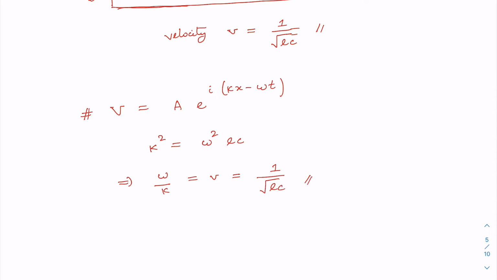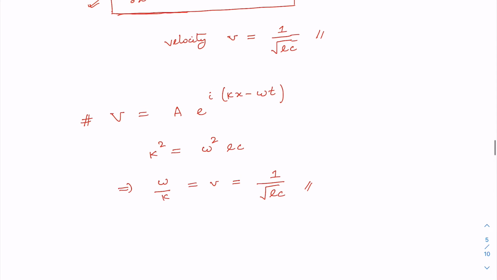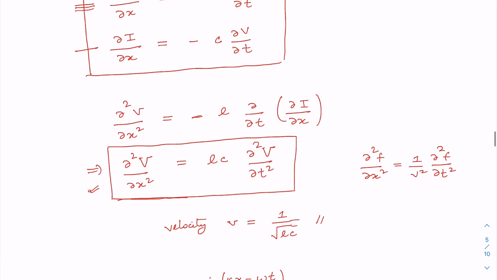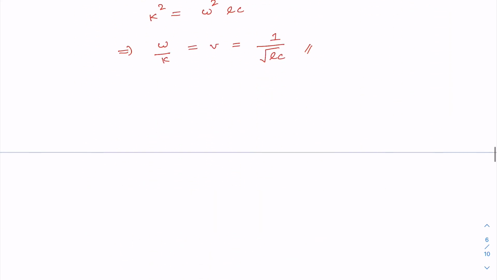Now we are asked to find out the characteristic impedance as well. To do that, let me go to this current equation here. From this relation, I can write ∂I/∂t is equal to minus 1 by L ∂V/∂x.